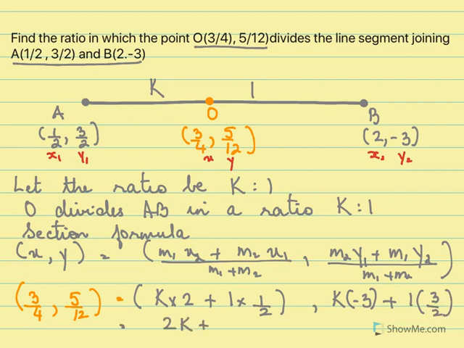So that is (2k + 1/2) here, and here we have (-3k ...), over k + 1, and here also over k + 1, m1 plus m2.